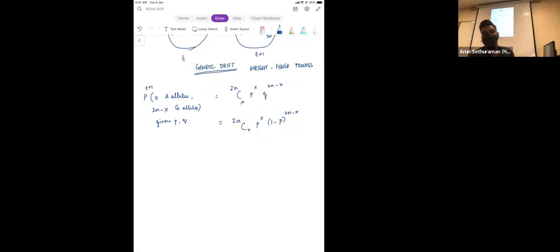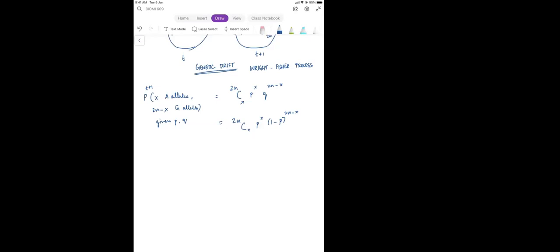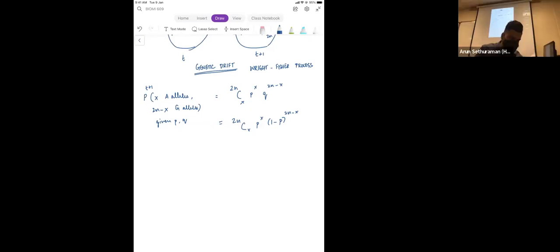And so you tell me, looking at this simple equation, what are the things that determine the rate of genetic drift? What are the factors in this equation right here? X is independent, X is random, which means 2N minus X is also random. So what are really the things that are determining the rate at which drift is happening? Population size. Yep, population size, which is this N. What's the other factor?